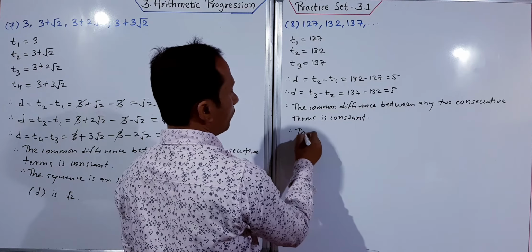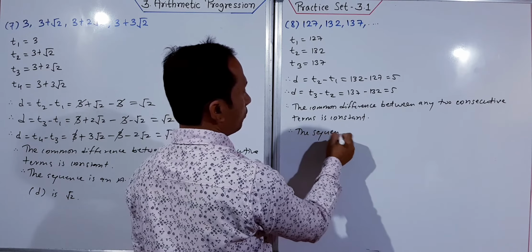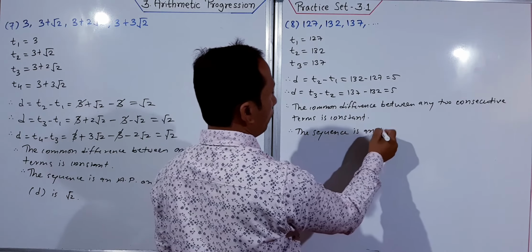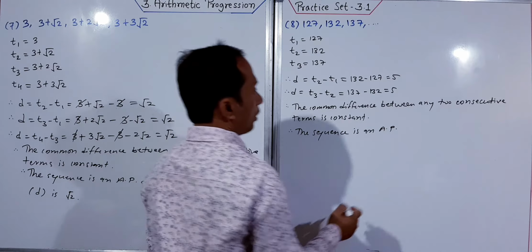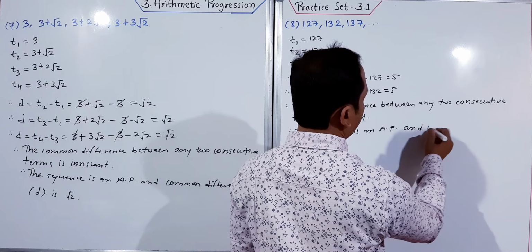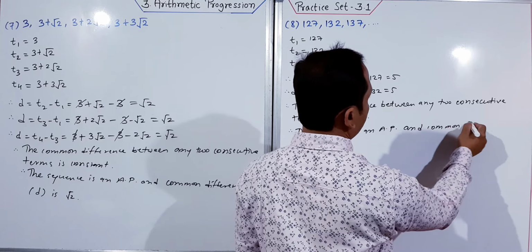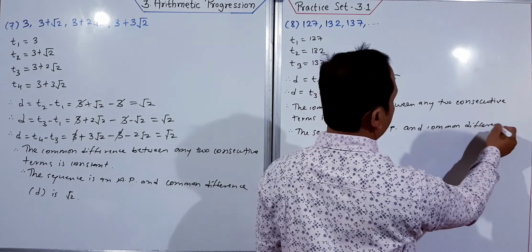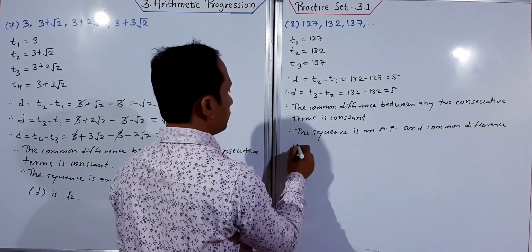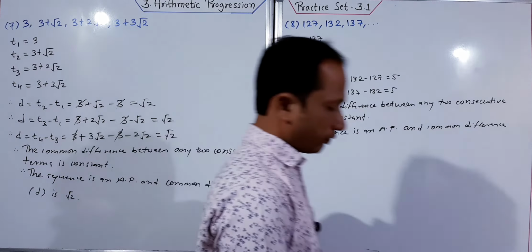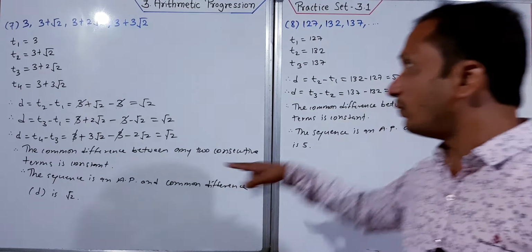Therefore the sequence is an AP, and the common difference is 5 for the sequence only. Okay, here this first question is completed.